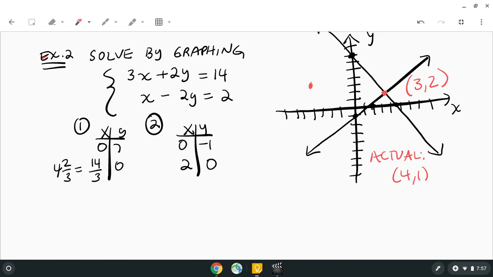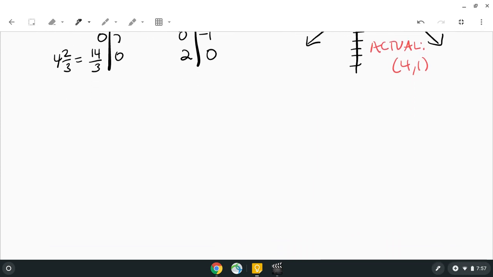Okay. All right. So let's take a look at algebraic methods, because not all of us can graph so perfectly. Okay, and we need a better way to get the precise answers.